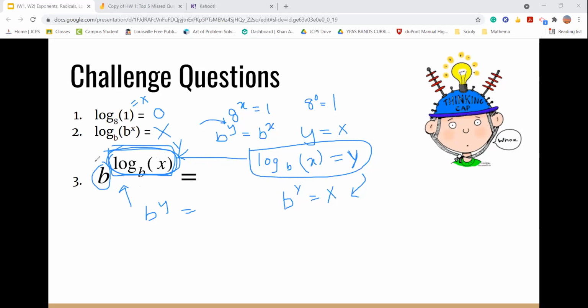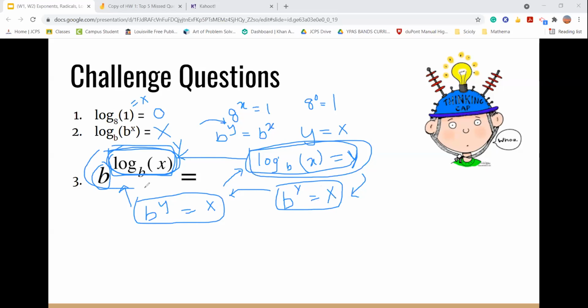So now my expression is b to the y equals something. And I'm using the same variables as when I reorganized this over here. So I know that b to the y equals x, and so I just use that again here and say that b to the y equals x. So this whole thing is equal to x. Does that make sense?